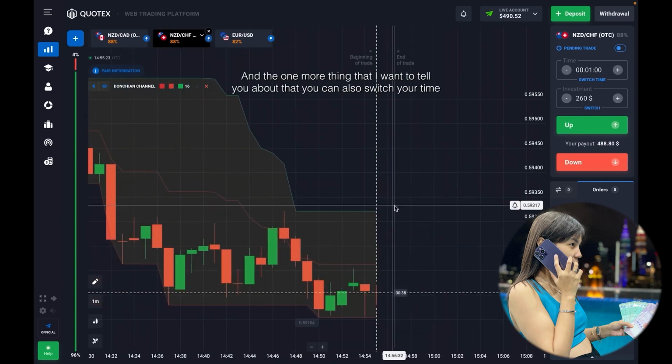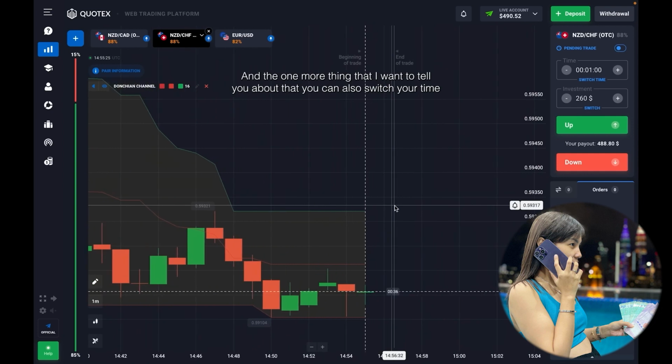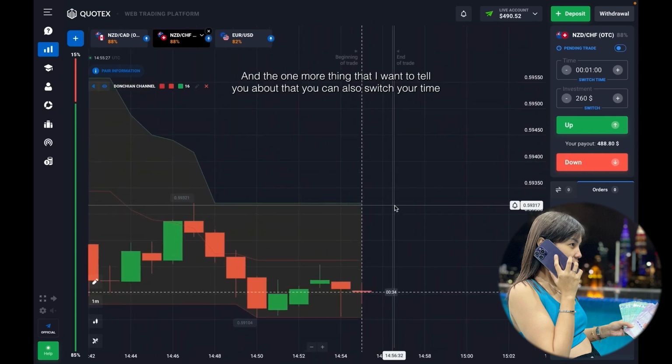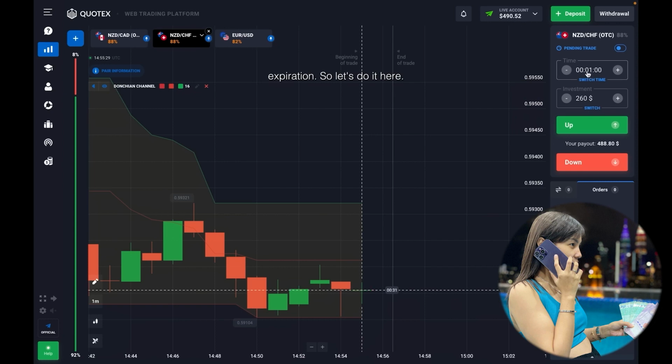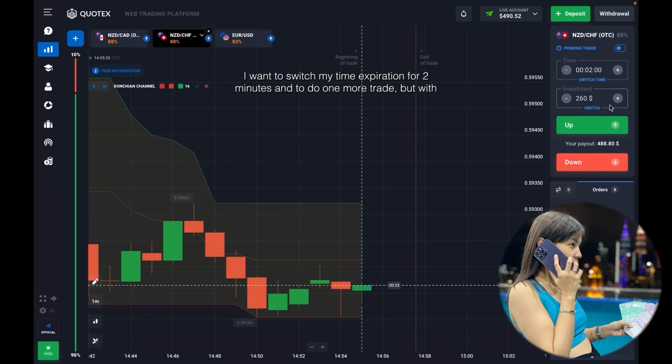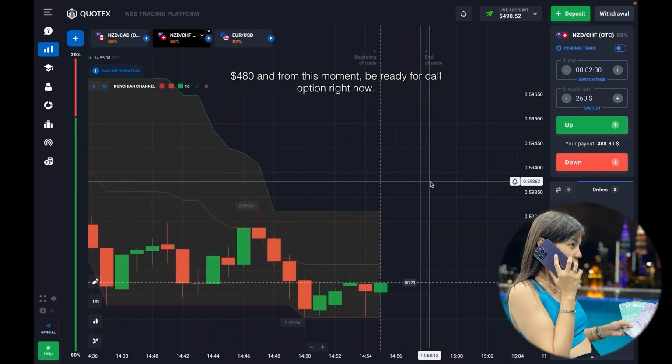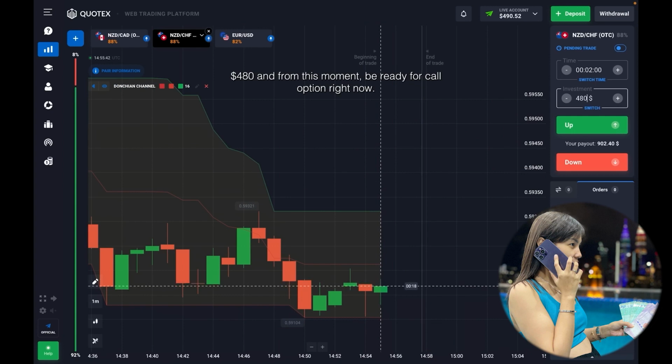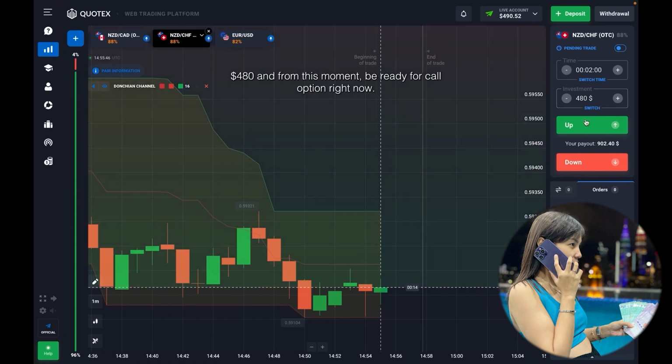So that's good. And one more thing that I want to tell you about, that you can also switch your time expiration. Let's do it here. I want to switch my time expiration to 2 minutes and do one more trade, but with $480, and from this moment, be ready for call option right now.